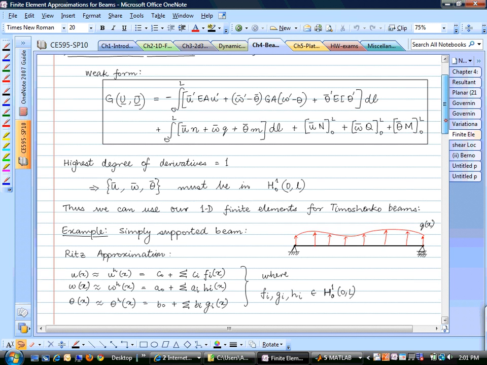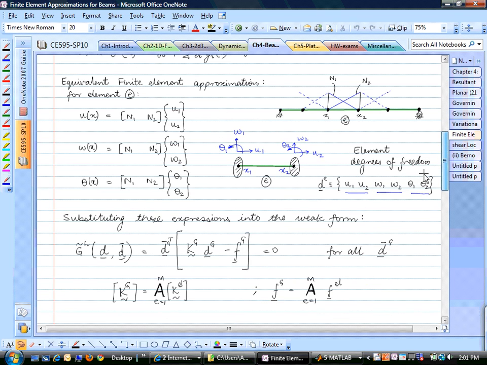All that you have to do now is plug in the expression for these and its derivatives. So ultimately, when you do that, it will lead to the same old equation, where you can calculate the global stiffness matrix just by assembling all these element stiffness matrices, the same way that you had done for your one-dimensional problem or your two-dimensional problems.